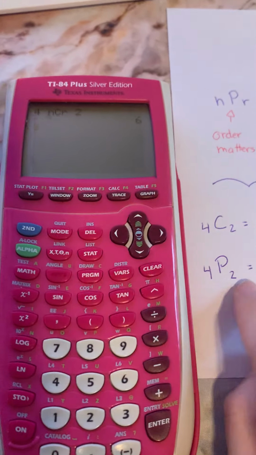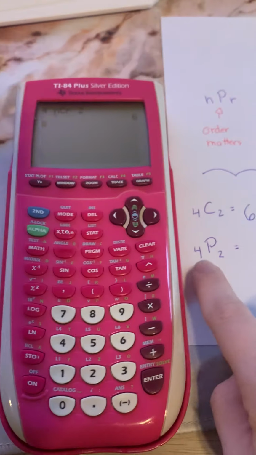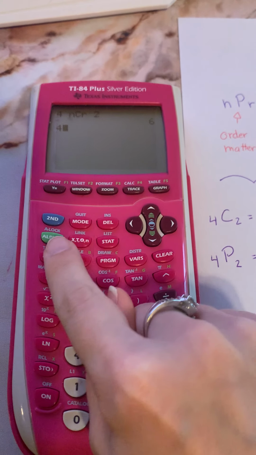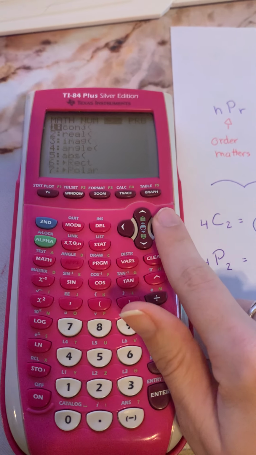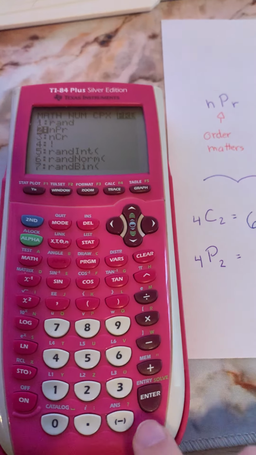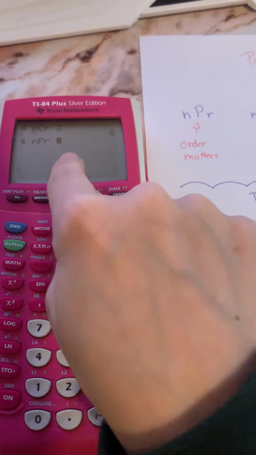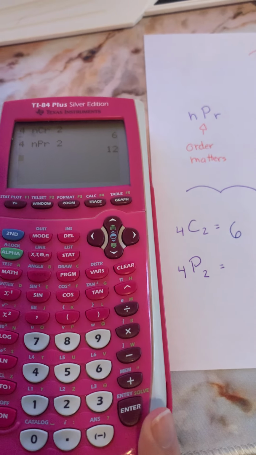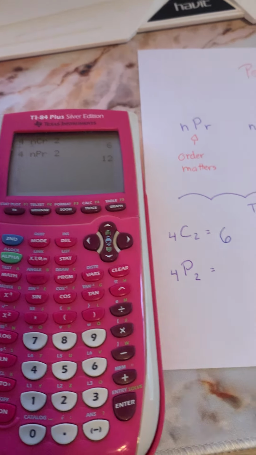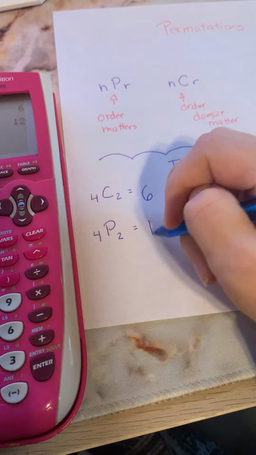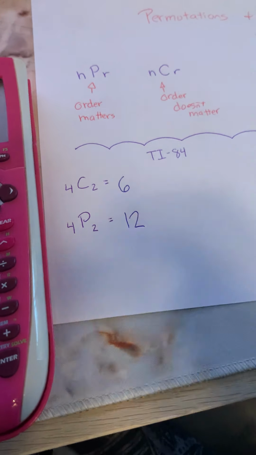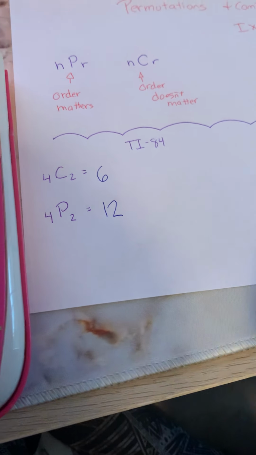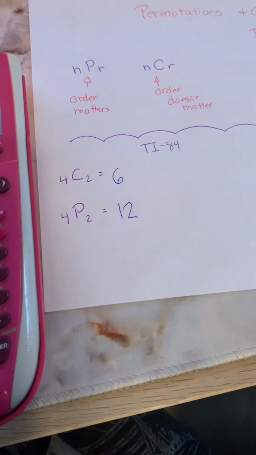Something like that. Again, on the 84, you have to type the number first. So 4, and then hit math, probability, and this time we're doing P. And then we'll hit 2. All right, enter. So this one's 12. You see there's more options when you are worried about the order. So if you're using the same exact number, the permutation is always going to be a little bigger.